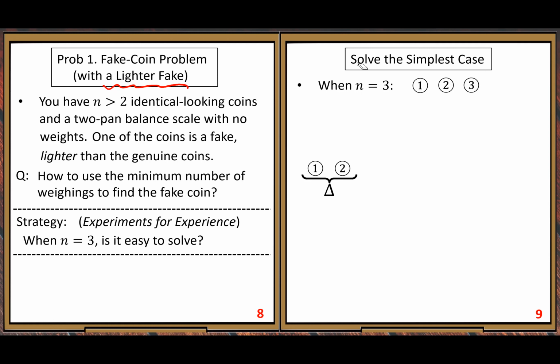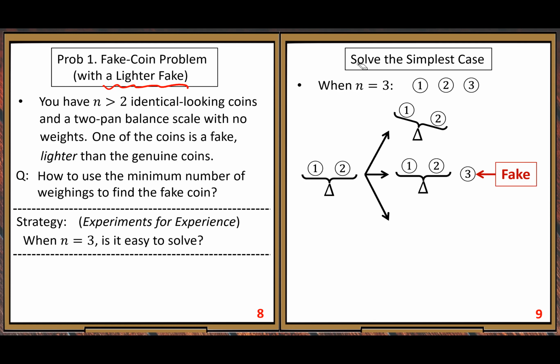One in the middle, balanced. In this case, which one is fake? 3, yeah, fake. Another case, which one is fake? The lighter one, number one. And the other, number two. So in each case we find the fake one.